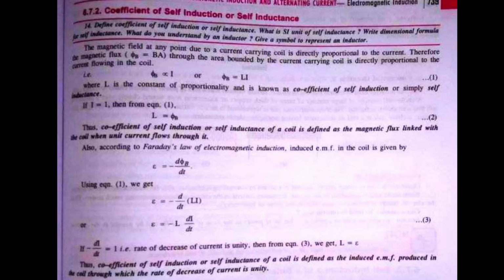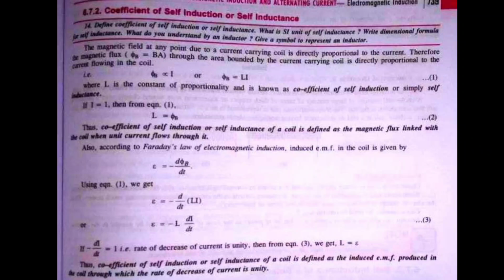Then we can use Faraday's law to establish the relation between the coefficient of self-induction and the EMF. According to Faraday's law of electromagnetic induction, epsilon, the induced EMF, is equal to minus d phi B divided by dt. We know that the flux is equal to L I, so just replace its value.